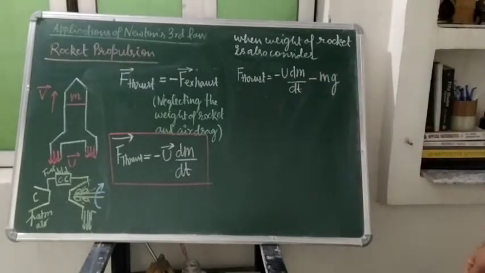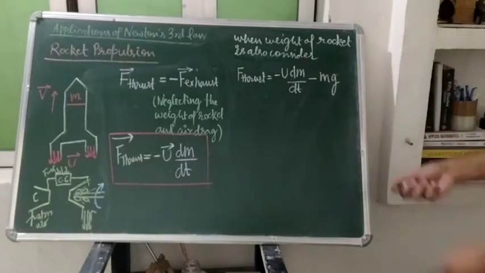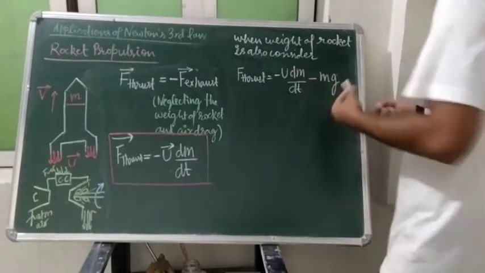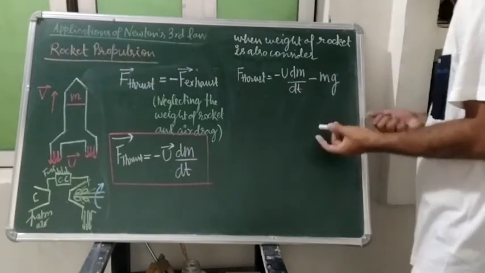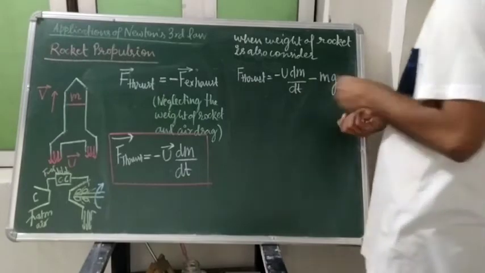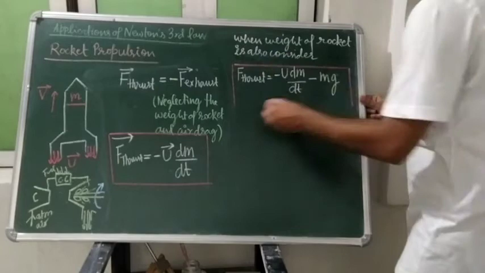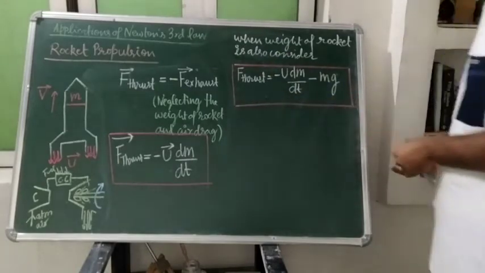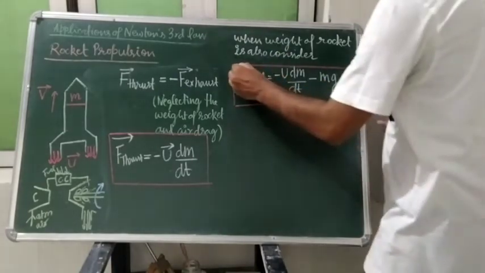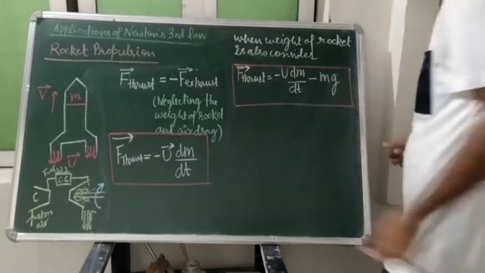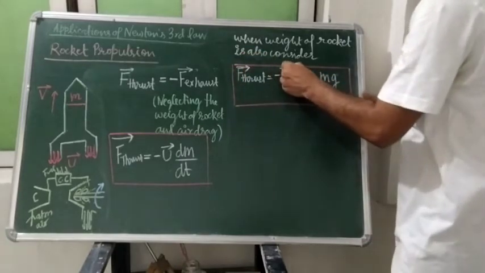This downward weight is acting in the downward direction. So this minus sign will only say that F thrust is in the opposite direction of that F exhaust. Okay, you can put a vector here as well.